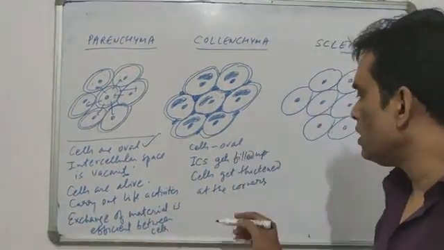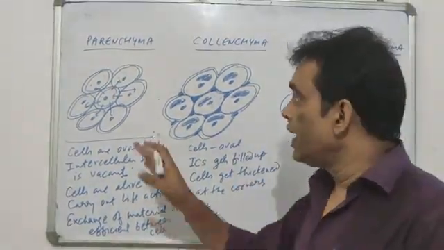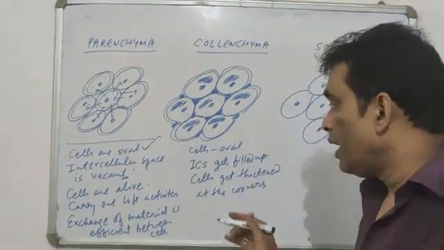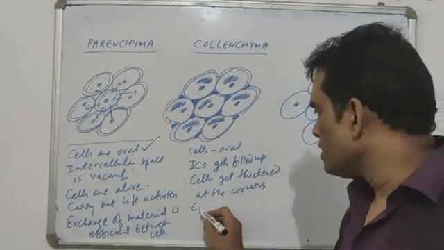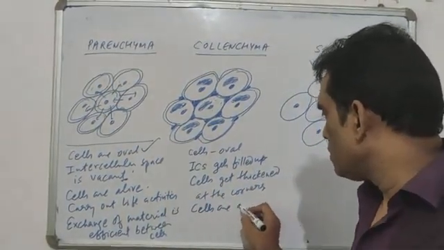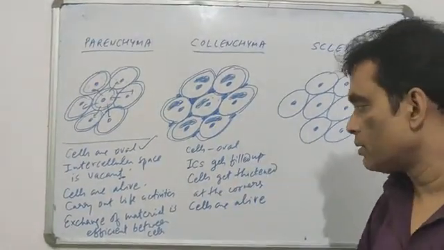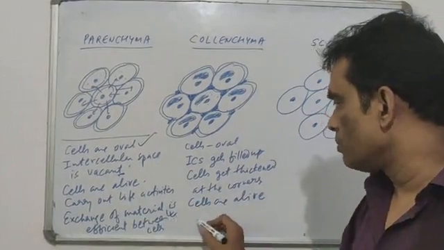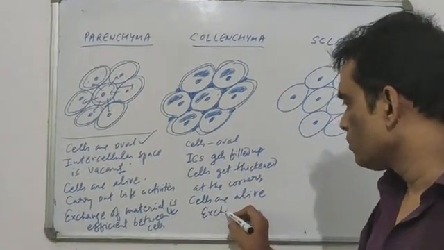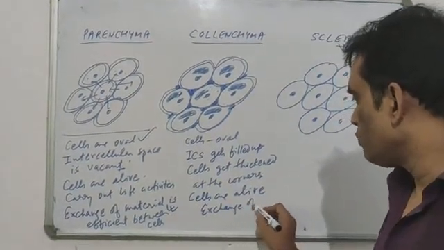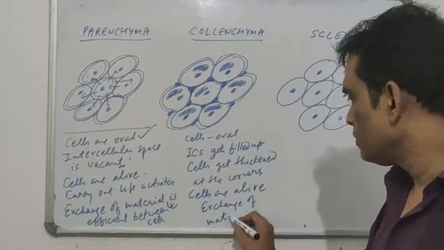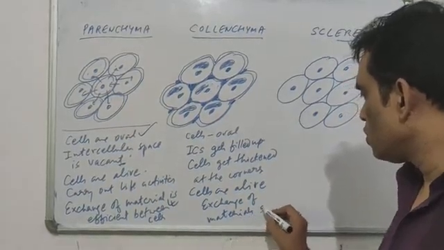So what happens with this? The tissue becomes a bit heavier as compared to parenchyma, and their cells are alive, no doubt. The life activities go on, but even the last step is disturbed. The exchange of materials slows down.